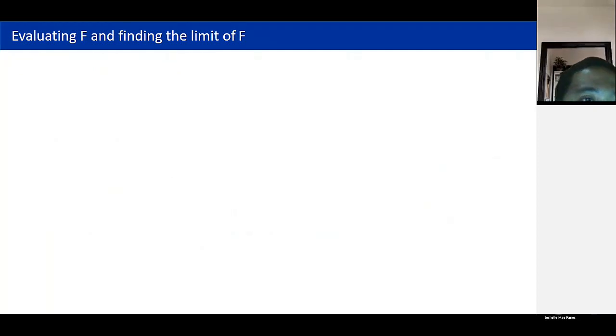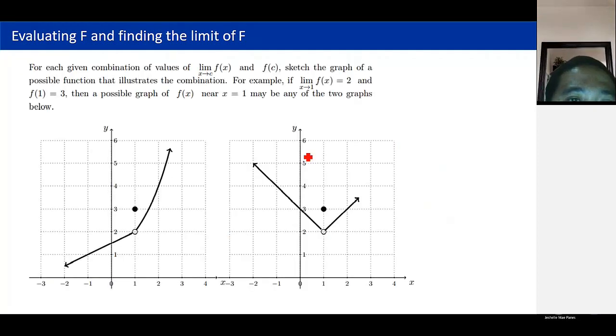Okay? So for each given combination of values of limit of f of x as x goes to c and f of c, we have to sketch the graph. In here, we have two graphs, but they have the same limit. By direct evaluation, f of 1 is 3.